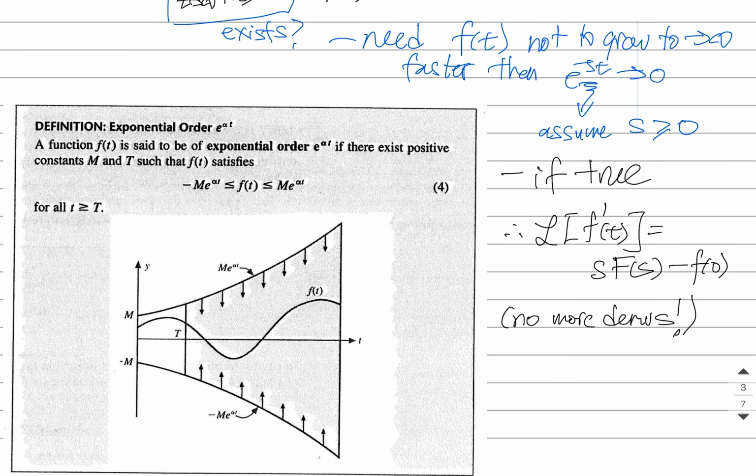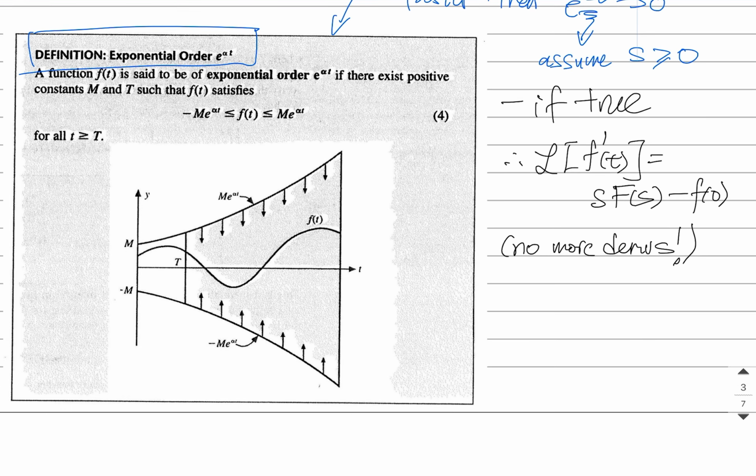The precise definition of this is something called exponential order. Now, being of exponential order, another way to think of it is, okay, your function will always be trapped between some exponential. So M is some positive value and this alpha is some positive value.